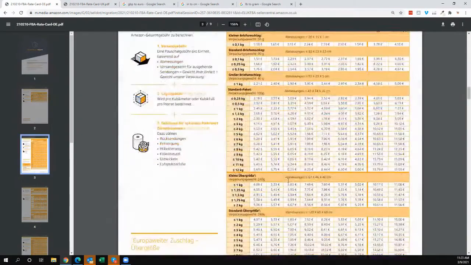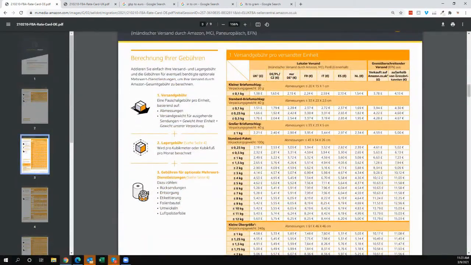But basically, the same kind of thing applies here. It's basically if you were using, let's say, the less than a kilogram. So if someone is outside of Germany, this is how much you would pay.